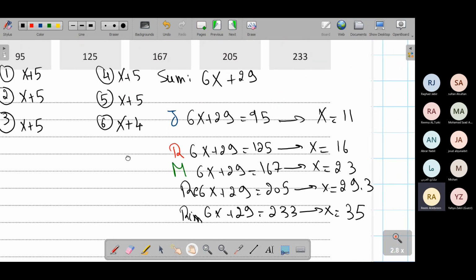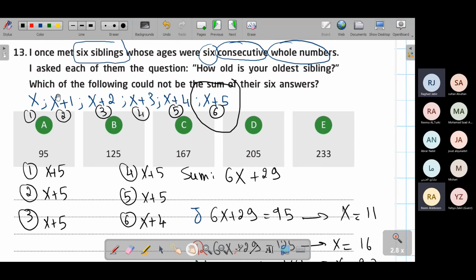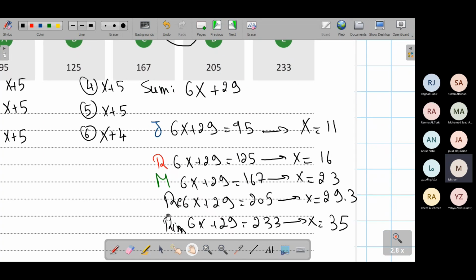The question: which of the following could not be the sum? It's 205, because it's not divisible. It's not a whole number. It's 29.3.